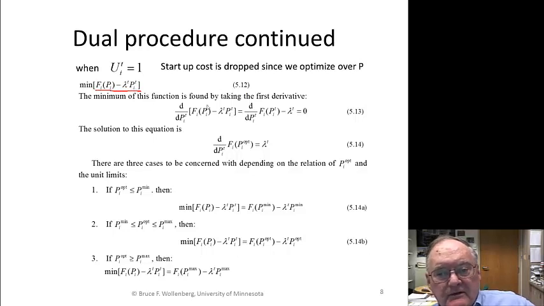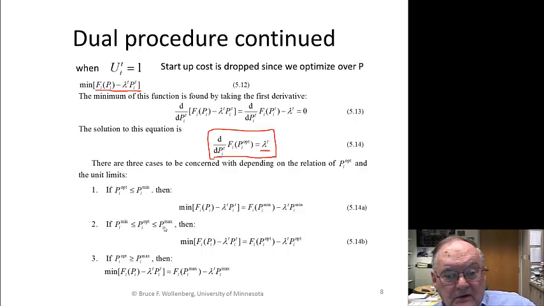The minimum of this function is found by taking the derivative. What does that look like? It says that you force the unit to have an incremental cost df dp equal to whatever lambda we're setting. If the lambda is such that the optimum value comes out less than the min, then you force it to the minimum.